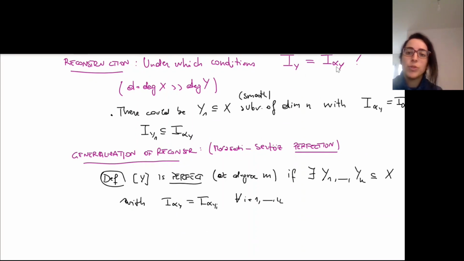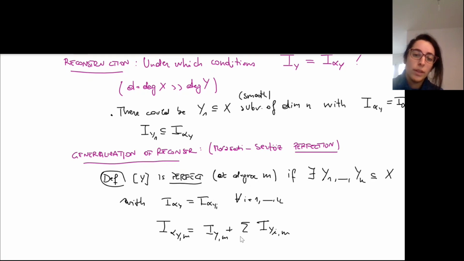And here we do not have that the only polynomials in our ideal alpha Y are the polynomials defining Y, but the polynomials defining Y plus the polynomials defining the other subvarieties related to Y. So degree by degree, the sum of the ideals of Yi in degree m, i from 1 to k.